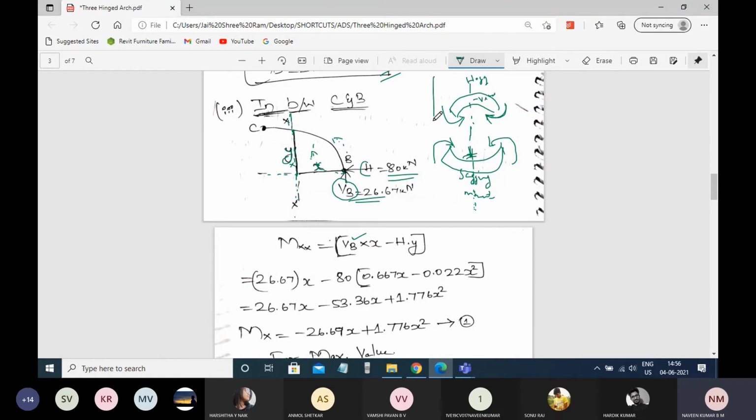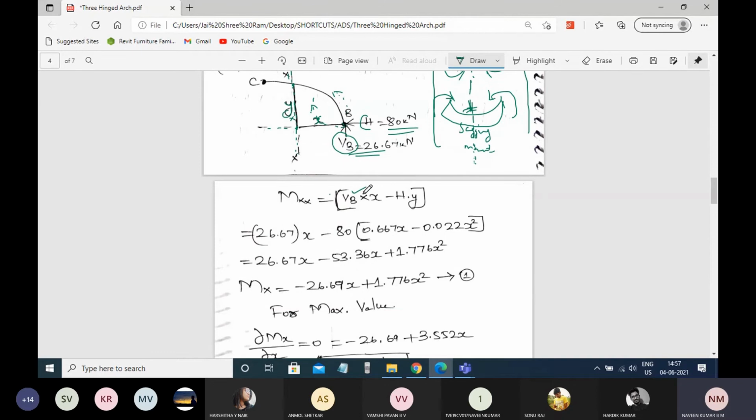You just try to remember these two diagrams whenever you are finding the bending moment. From the left hand side, there won't be any confusion, but in case of the right hand side, you should be very, very careful.